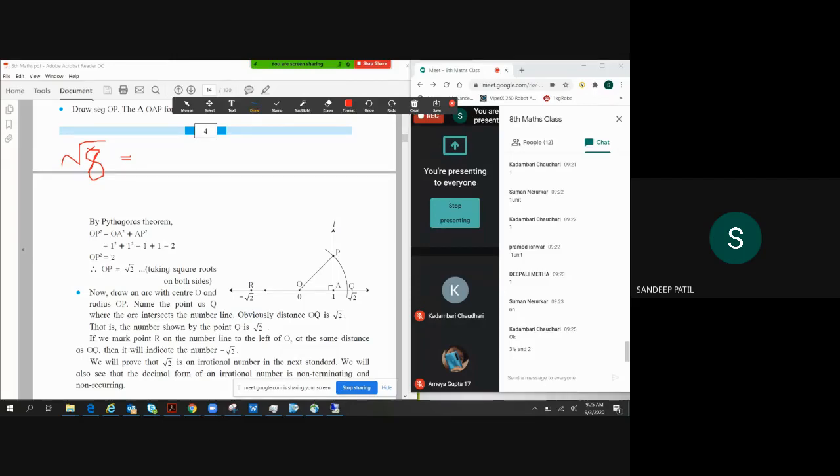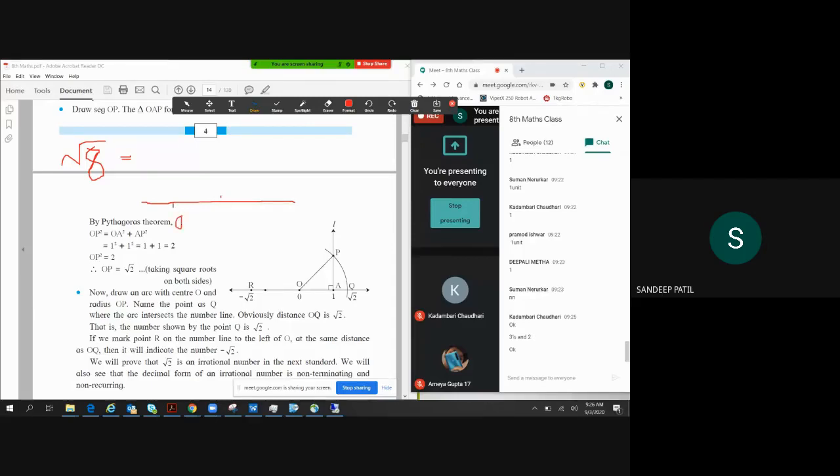So it's square root of 8. If we want to represent it on the number line, which two numbers should we take? It's simple.